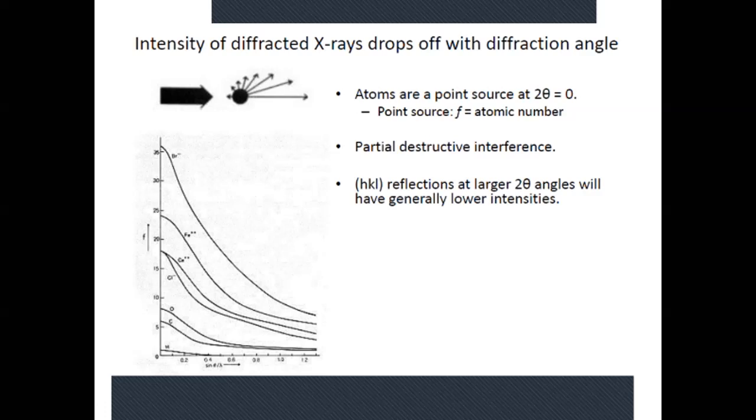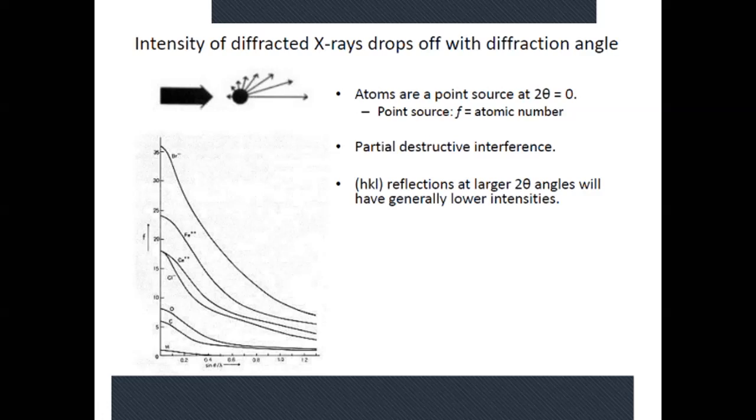We also talked yesterday about how we like to have diffraction spots out to the edges of the image because those are very high 2 theta values. As we go to higher 2 theta values, the scattering ability of the elements decreases, so typically you get lower intensities. That's what's shown on the graph here.